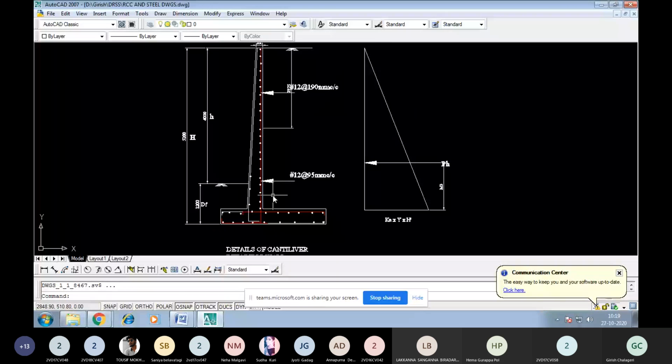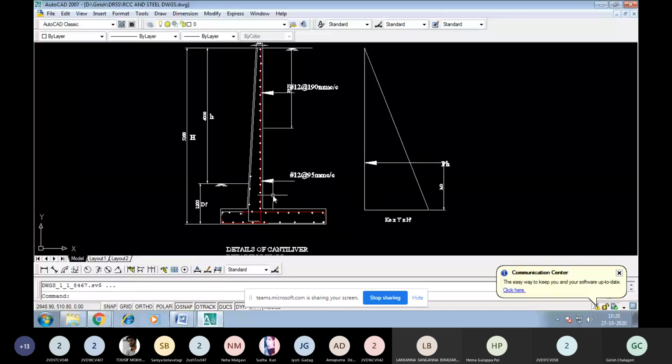The pH value, the horizontal pressure, is in a triangle shape, so the area of the triangle has been converted into the horizontal pressure. Then one-third of the height will be the lever arm, and pressure into lever arm gives the moment at the bottom, and we found the thickness of the stem for that moment. Once the depth was found safe, we provided the reinforcement for the calculated moment by using SP16 table 2.